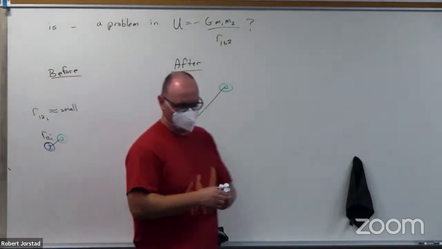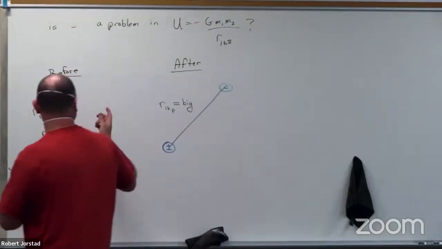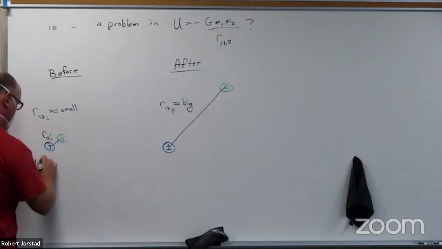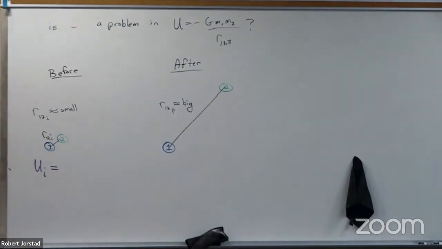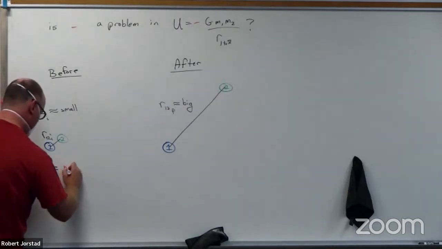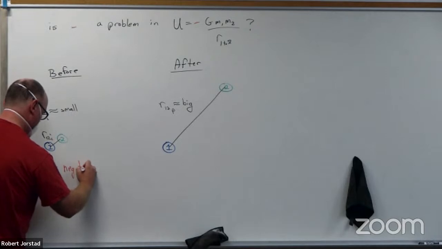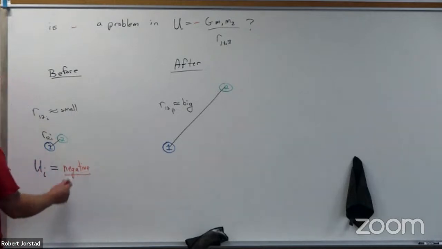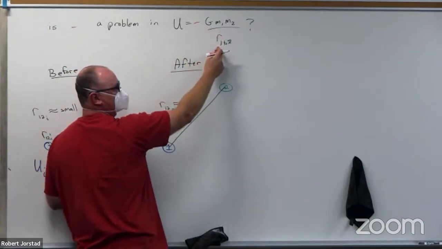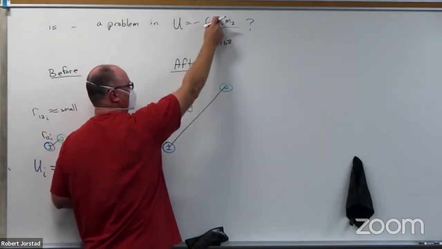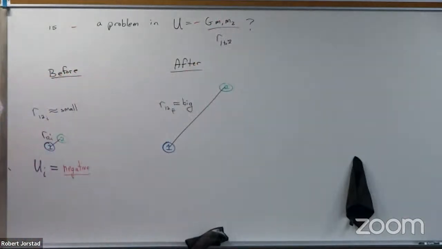Let's think about what happens to these numbers. U initial, it's going to be negative because of the minus sign. Everything else, G is a positive constant. This is a distance. It's a positive value. Mass is positive.